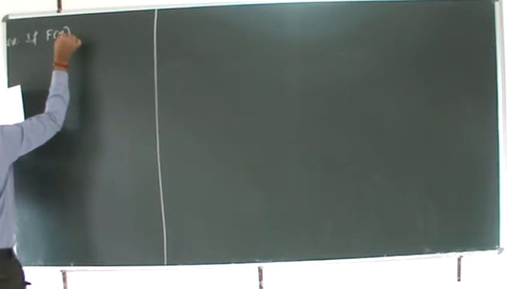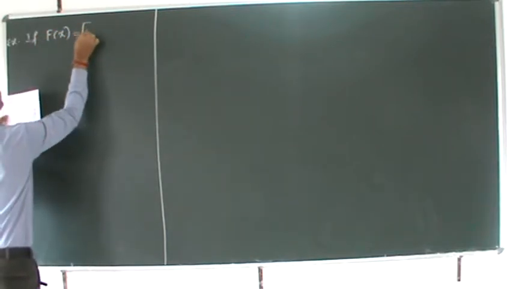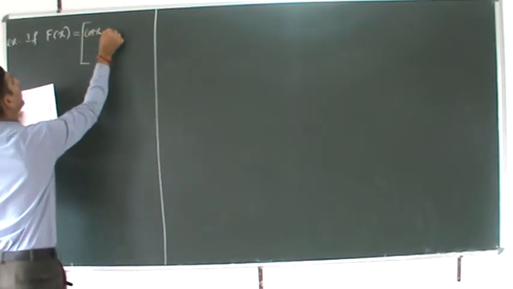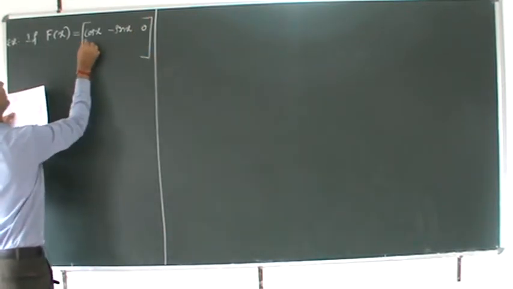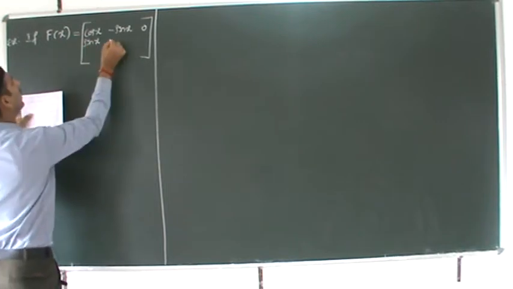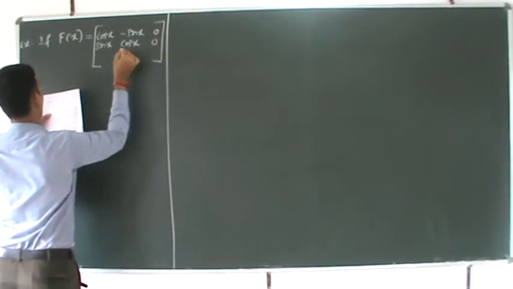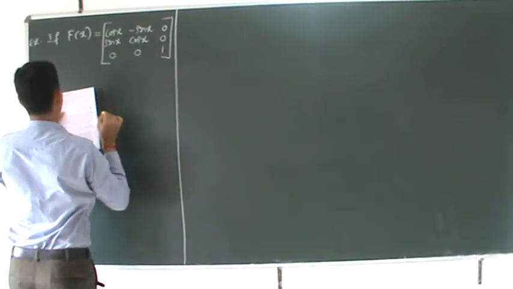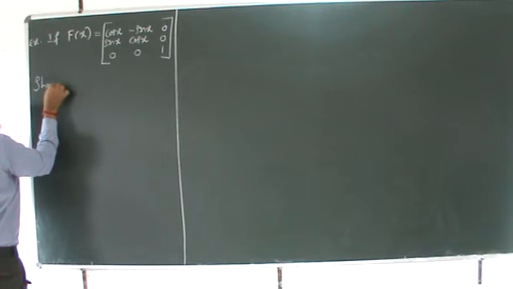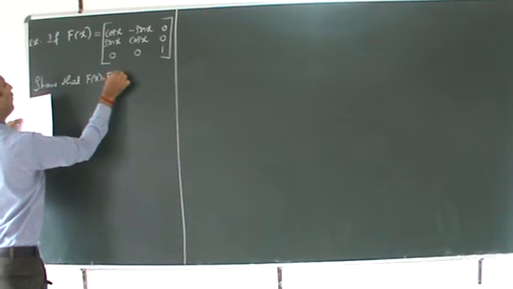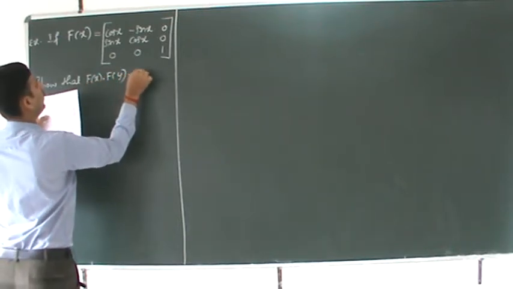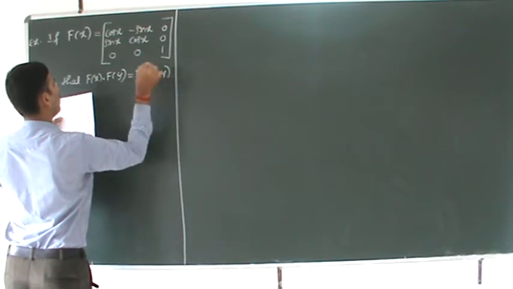That is, if f of x is equal to the matrix cos x, minus sin x, 0; sin x, cos x, 0; 0, 0, 1, show that f of x into f of y is equal to f of x plus y.